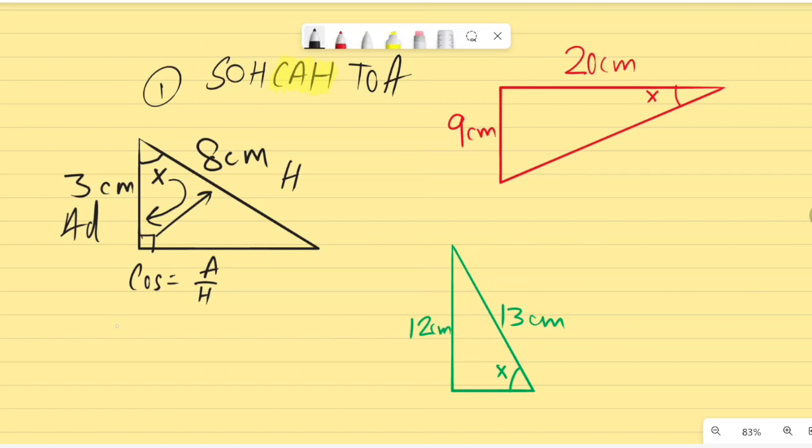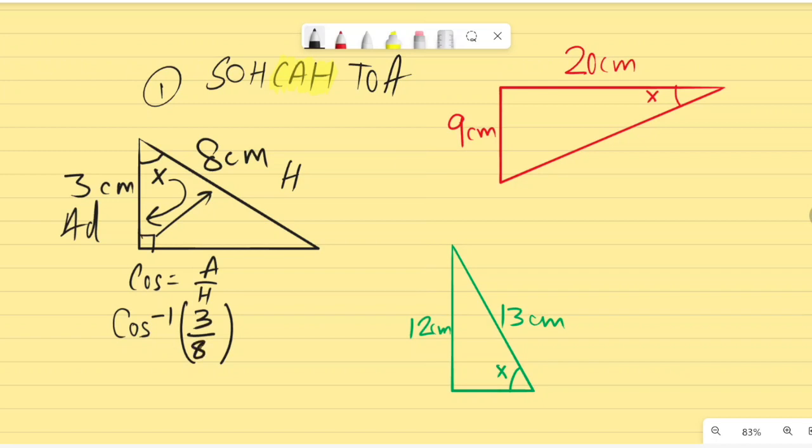As I told you, we will press shift and press the cos key in our calculator. You will see it like this: cos -1 and a bracket. And you know it's A over H, so adjacent is 3 over hypotenuse is 8.